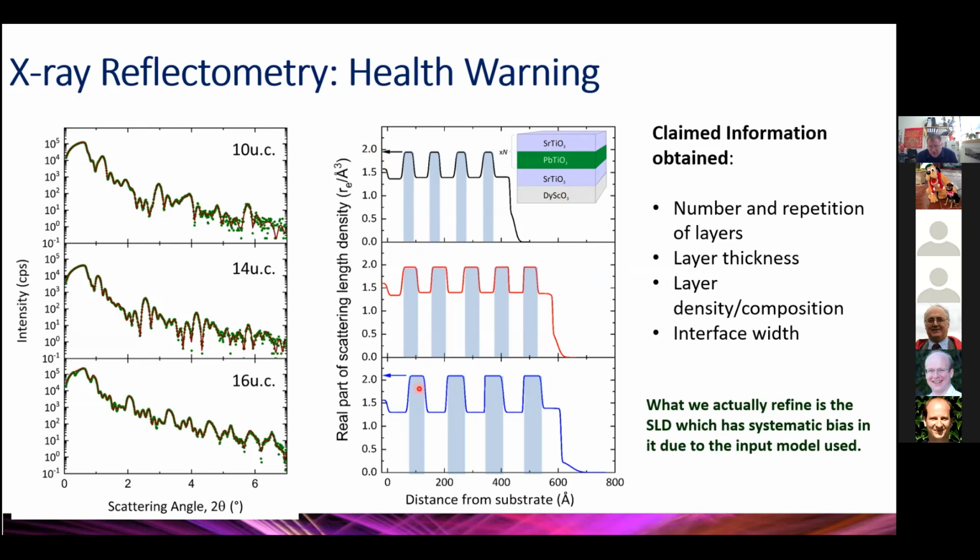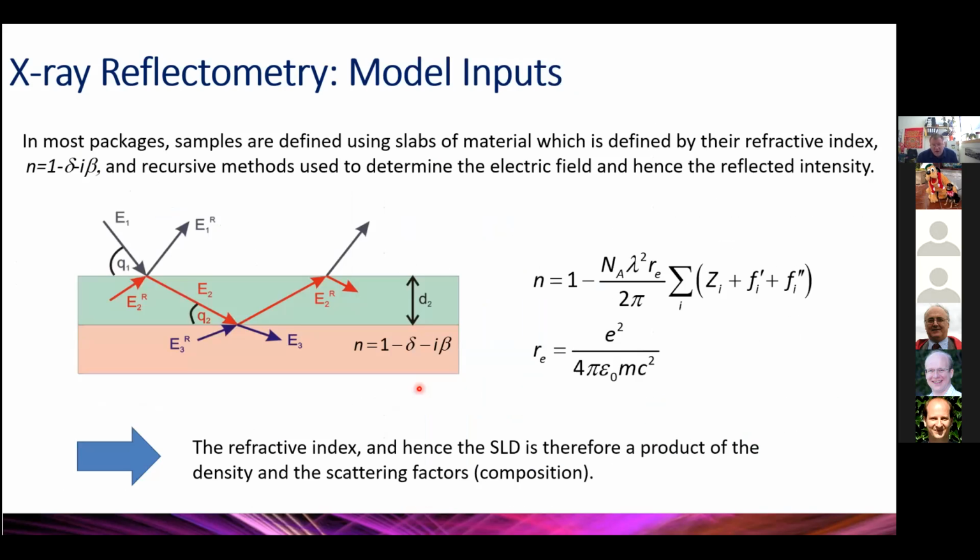That is actually a real phenomenon, but in many reflectivity analyses, we lose sight of the fact that within a single X-ray energy, we don't really have the ability to separate out density from composition, even though density and composition are separate inputs into our model. So within that framework, we have to be a little bit careful.